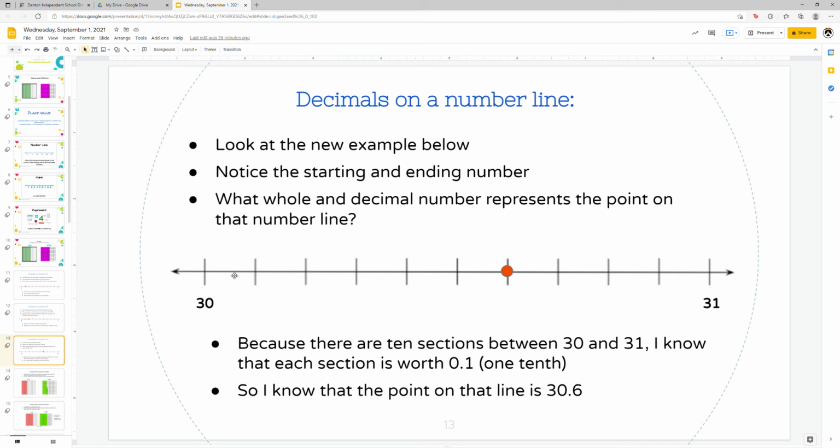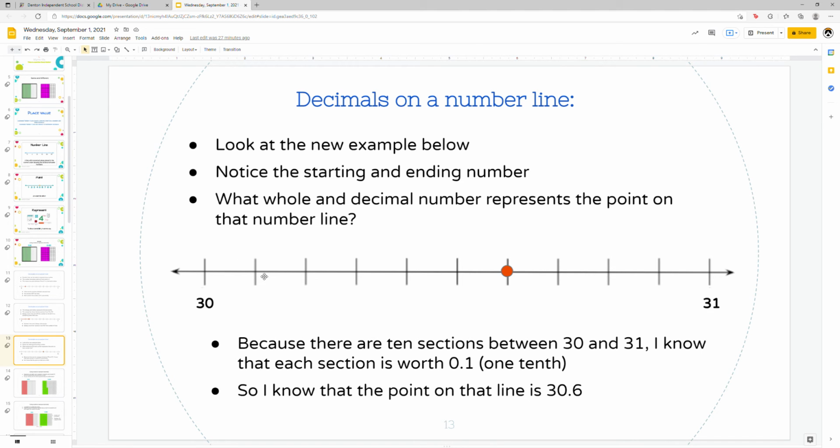So look at this new example below. Notice the starting and ending number, right? It's not 0 to 1 anymore. I have 30 to 31. So I'm still only going one whole number on this number line, but from a different starting number. So what whole number and decimal number represents the point on that number line? Because it's not just a decimal number, right? I'm starting at 30, so I have at least 30 whole numbers first. So let's start at 30.